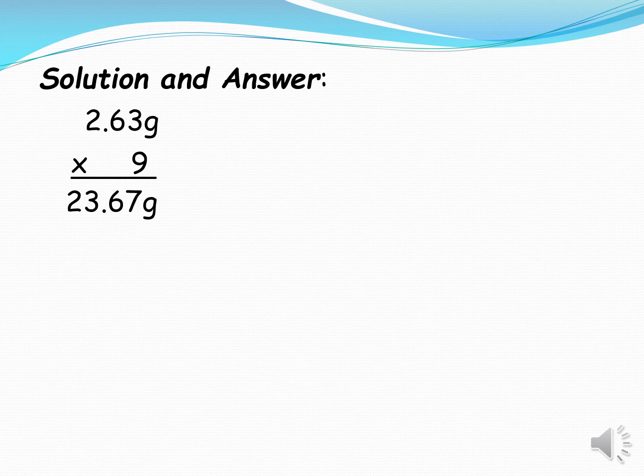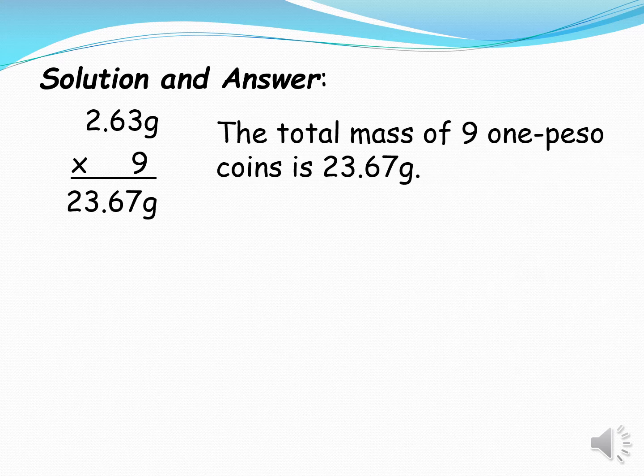We have 2 decimal places in our factors, so we have 2 decimal places also in our product. That becomes 23 and 67 hundredths grams. So our answer is the total mass of 9 1 peso coins is 23 and 67 hundredths grams.